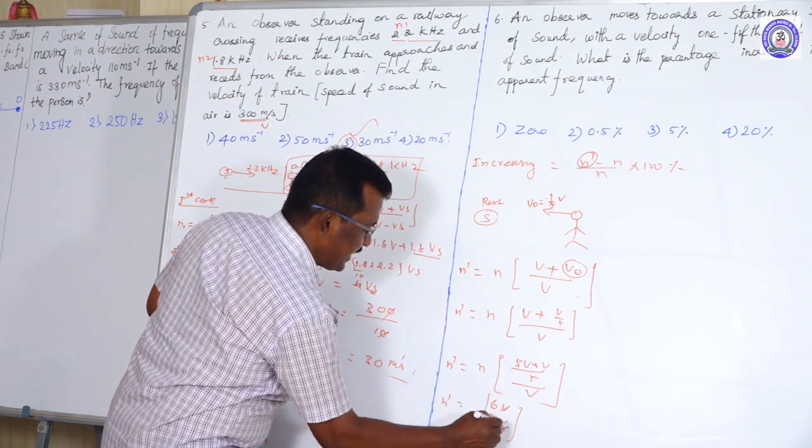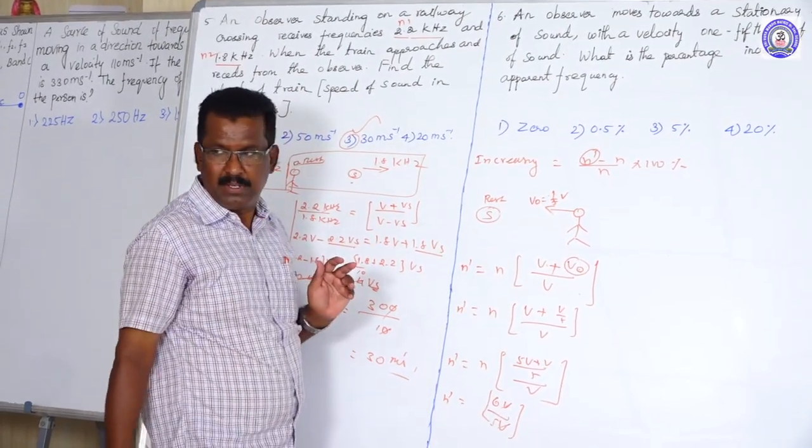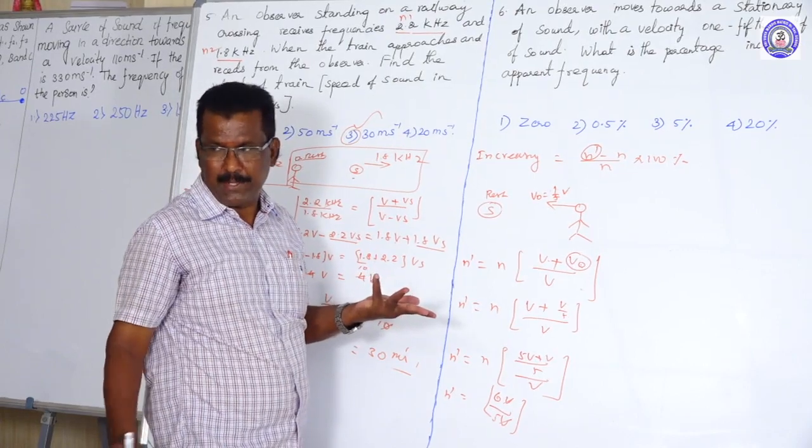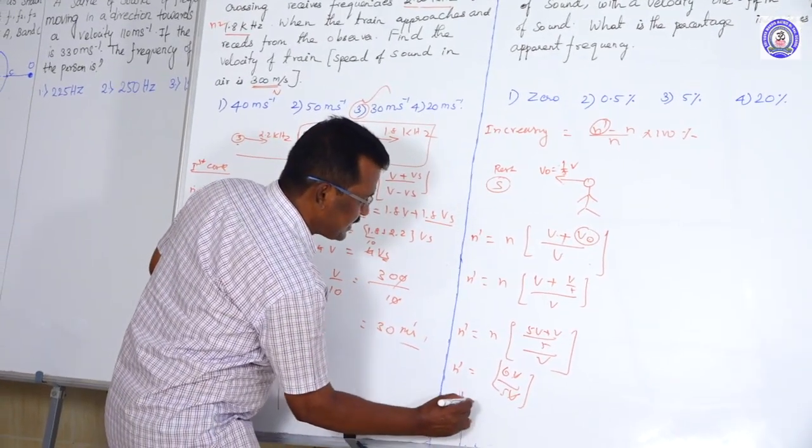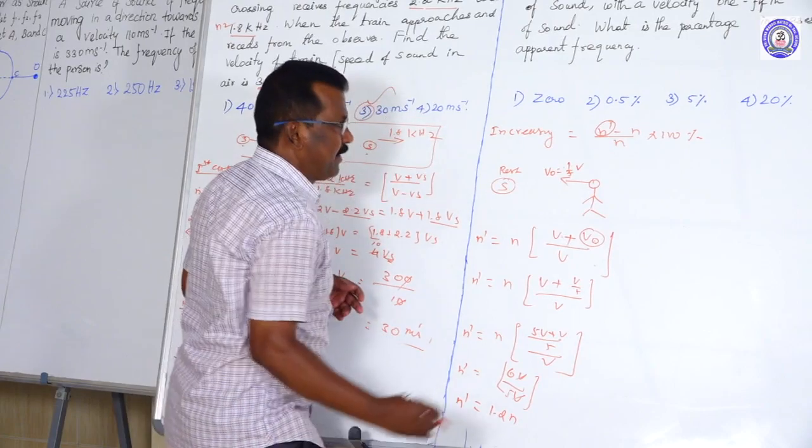V cancels, 6 by 5, which is nothing but 1.2. So n prime is equal to 1.2 n.